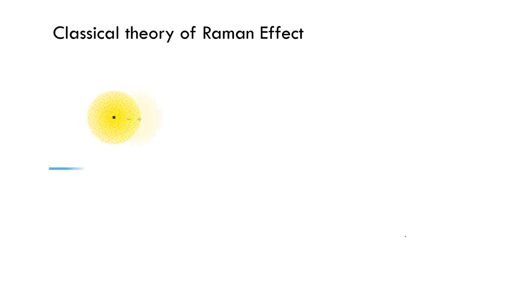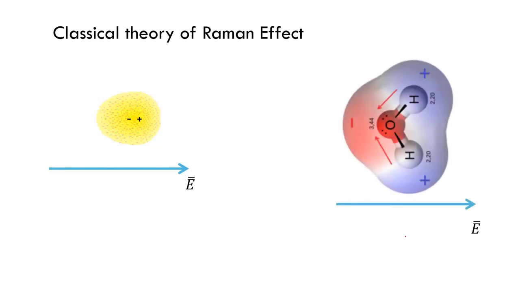When an atom interacts with an electric field, its electron cloud gets disturbed and the electrons and the nucleus are separated. Similarly, in the case of a molecule, when it interacts with an electric field, the electron cloud is disturbed and the oppositely charged particles accumulate on opposite sides.